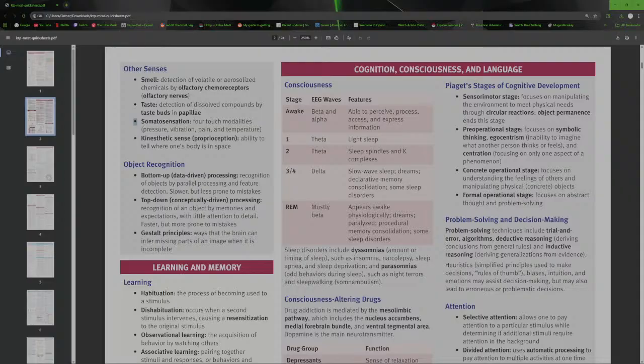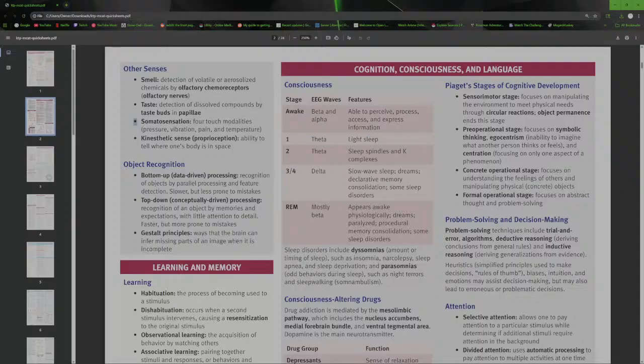So, some other senses that we should know is the smell sense, or our olfactory bulb, which basically bypasses the thalamus using the olfactory chemoreceptors. Taste is our mouth. Different taste buds located on our tongue help detect different dissolved compounds.